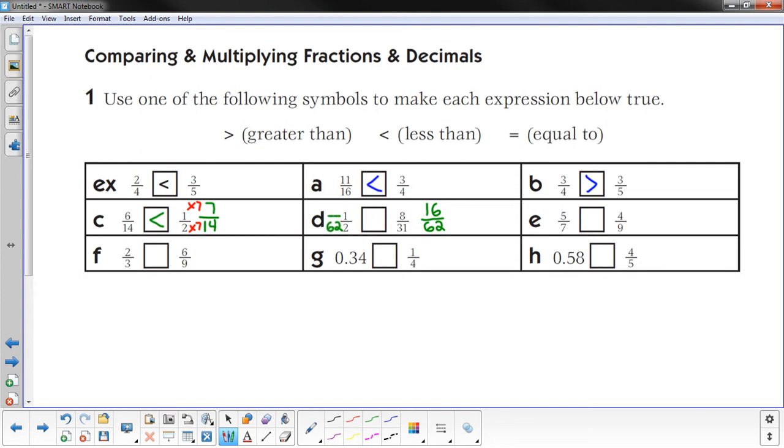What would be over it? 31 over 62. Half is larger than 16/62. You could also look at the 8/31 here, and if you know something about fractions, you know that the number 8 on the top, the numerator, is less than halfway to 31. So overall, you know half is larger to begin with.